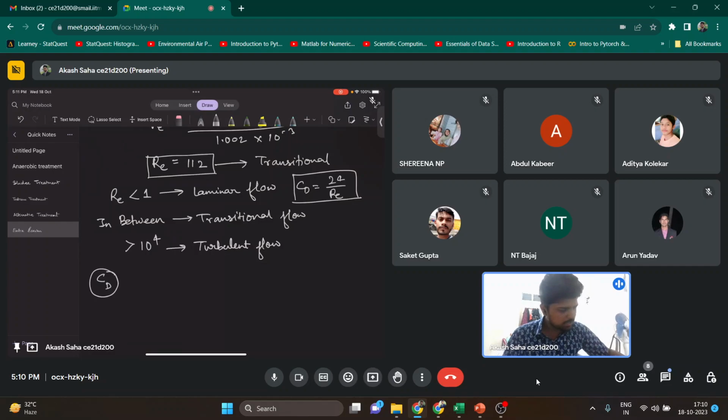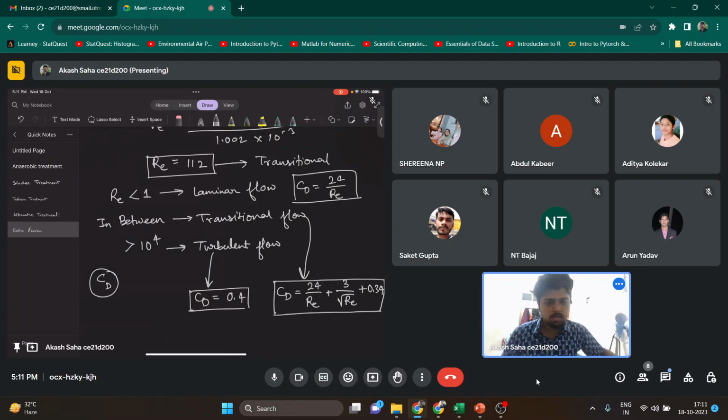In the case of transitional flow, I will write it here. For transitional flow, my CD value will be 24 by Re plus 3 by root over Re plus 0.34. In the case of transitional flow, it is this. And in the case of turbulent flow, my CD value will be equal to 0.4. So now we have to find out the CD value.